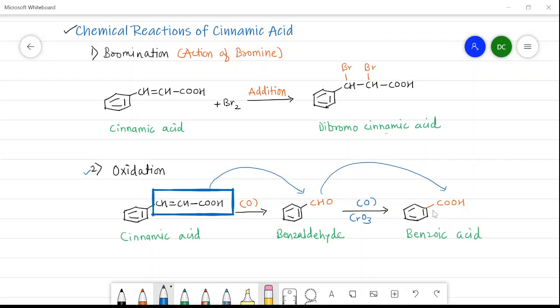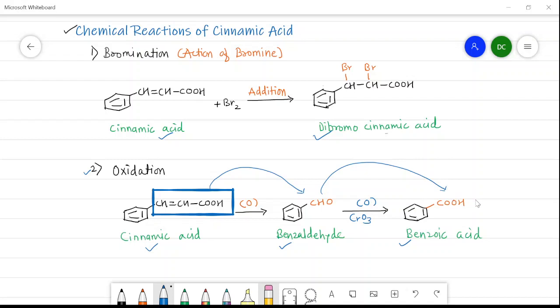Further oxidation causes the formation of benzoic acid. Therefore, the bromination of cinnamic acid forms dibromocinnamic acid, whereas the oxidation of cinnamic acid gives benzaldehyde which further undergoes oxidation to form benzoic acid. Only the side chain changes to CHO and CHO changes to COOH.